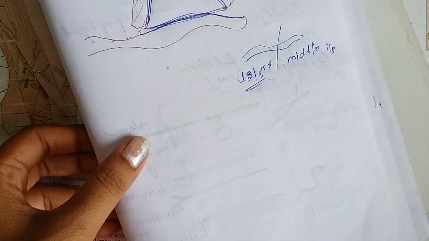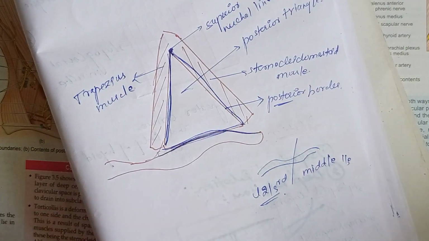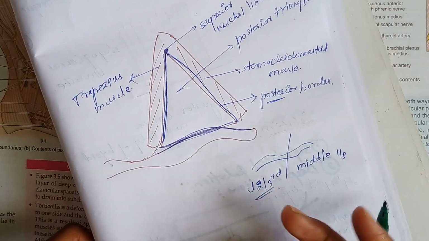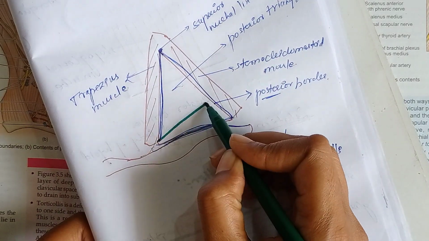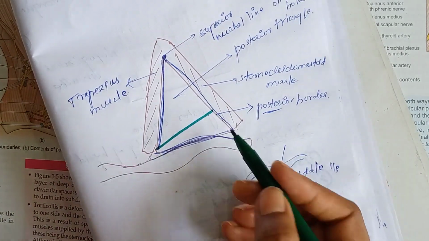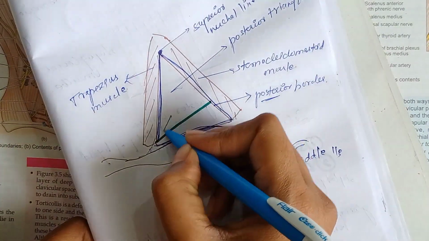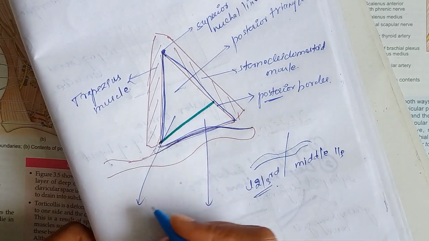The triangle is actually divided into two subtriangles by a muscle called the inferior belly of the omohyoid, which runs from here to here, and this divides the triangle into upper and lower.